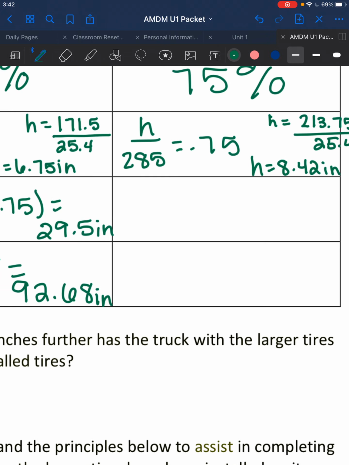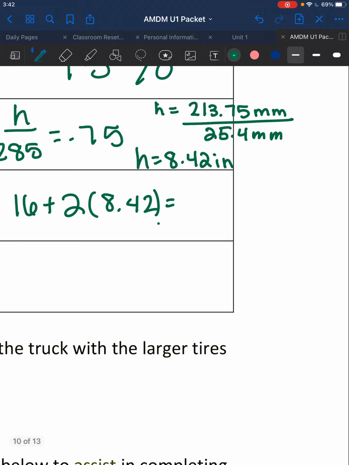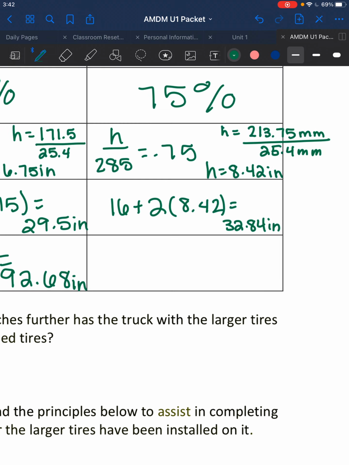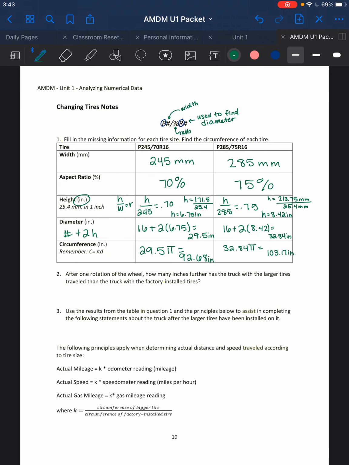Then my diameter is 16 plus 2 times 8.42, and that gives me 32.84 inches. Then my circumference is 32.84 pi, which is equal to 103.17 inches. Now I have all this information, and I can compare it further on and answer these questions.